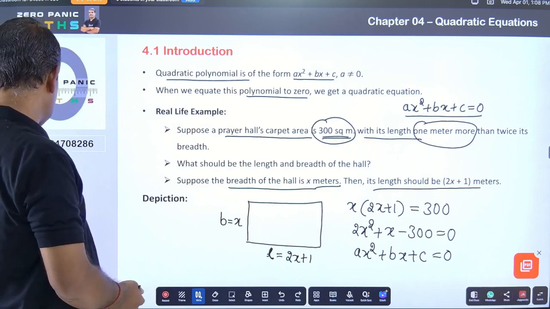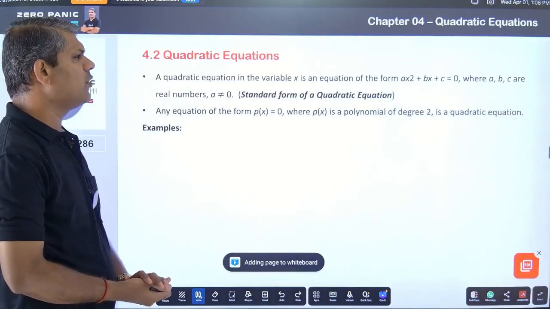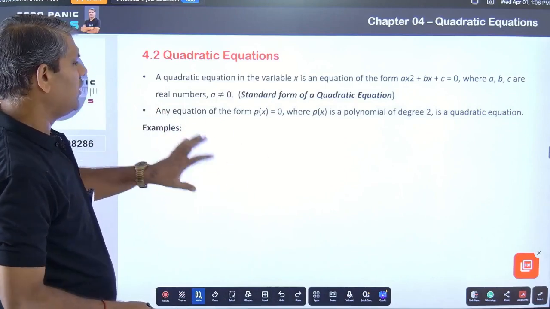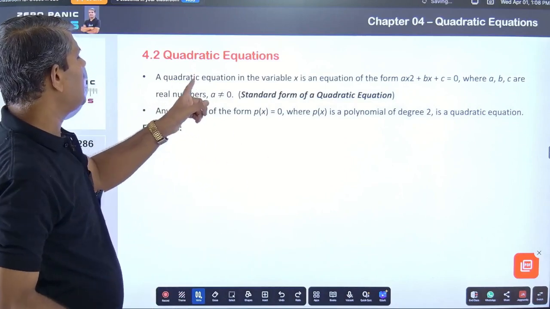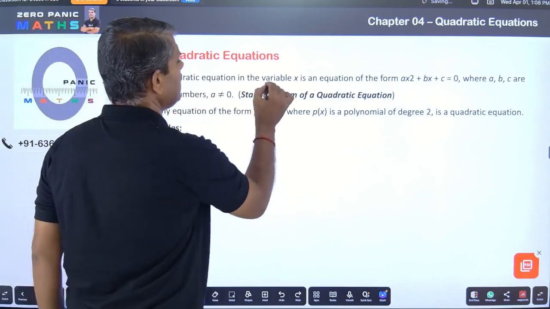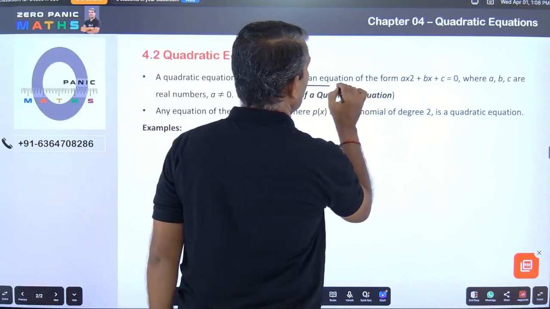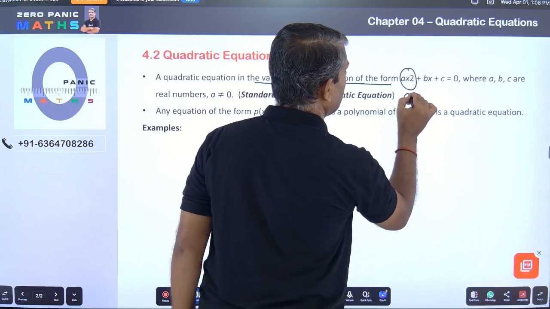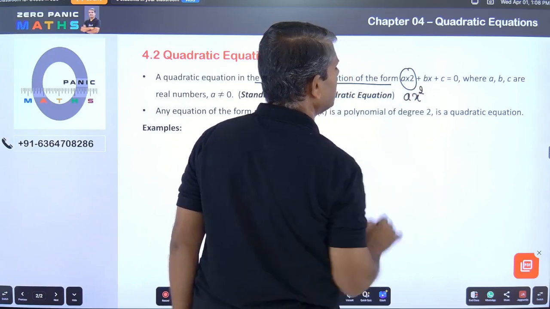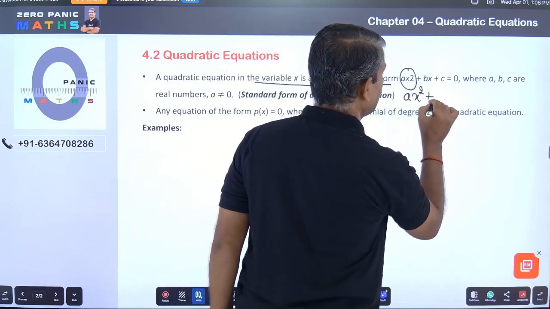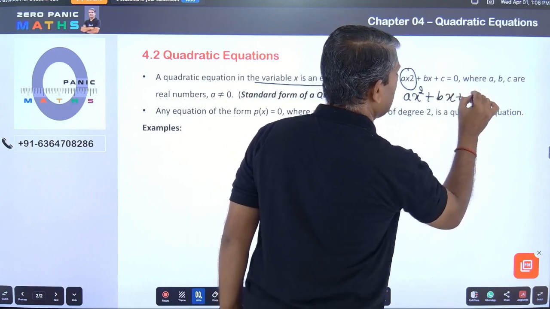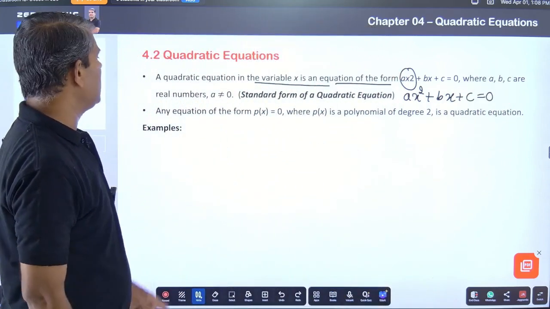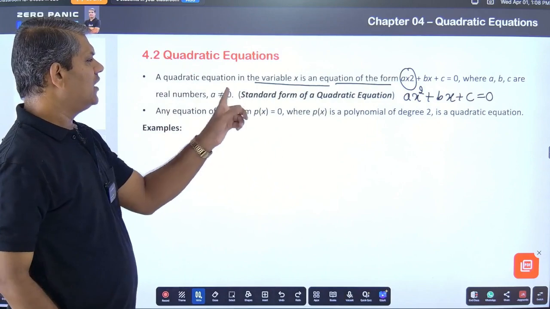Now let us see what additional information they have given. With whatever we have studied and the example we have seen, we can say that a quadratic equation in the variable x is an equation of the form ax square plus bx plus c is equal to 0, where a, b, c are real numbers and a is not equal to 0.